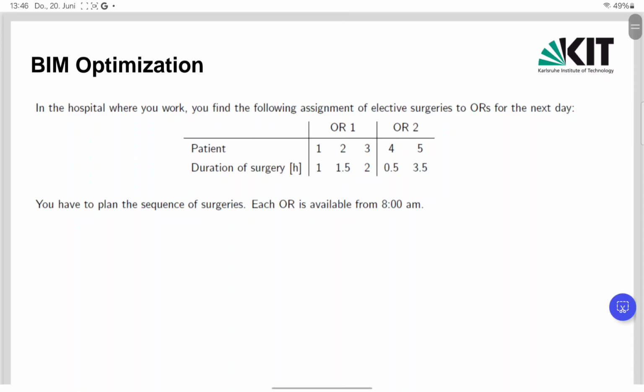We know that the operating room is available from 8 a.m. and the question is, in which order and sequence should these patients be assigned so that we are as close to these break-in intervals as possible, so that we have enough break-in points and moments where we can assign emergency patients if necessary.